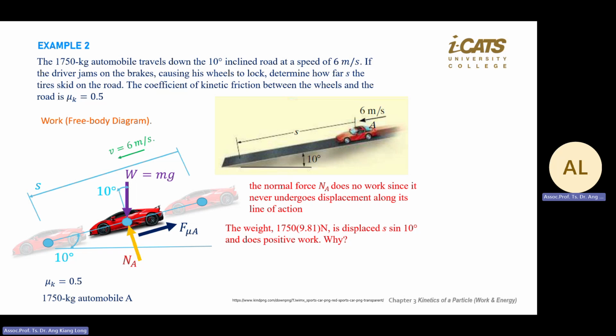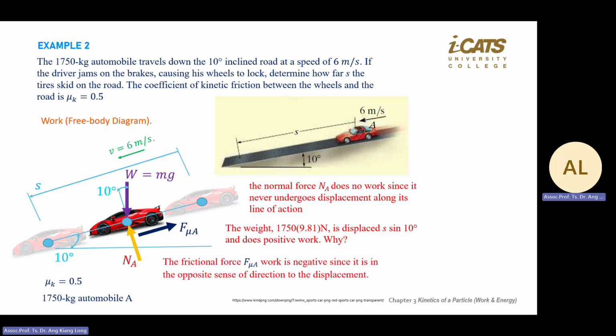Okay. So this is just a quiz question. If the weight is displaced S sine theta, or you can say W sine 10. I mean on my slide here, we are slanting the surface, but in our previous discussion, we always followed the surface. It works anyway, any direction also.